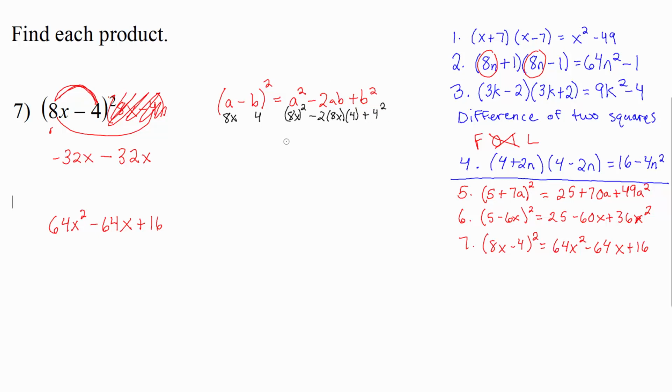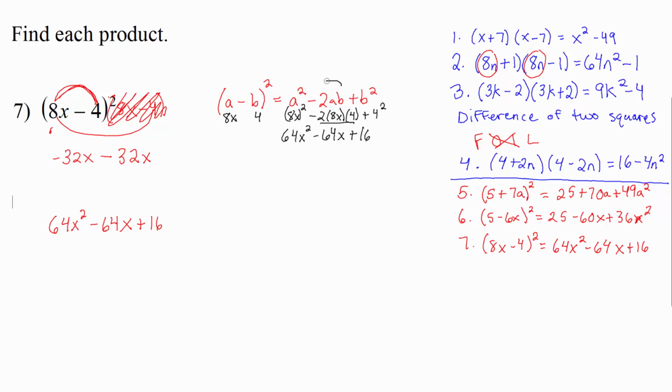So 8x squared, remember you have to square the 8 as well as the x, is 64x squared. This is 3 things to do together. We need to do 2 times 8 times 4, which is, 2 times 4 is 8, and then 8 times 8 is 64. That's minus 64x. 4 squared is 16. We get the same answer, right?